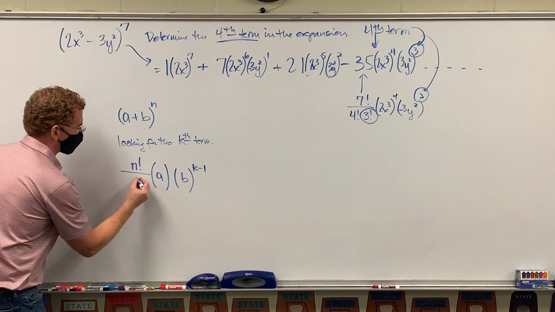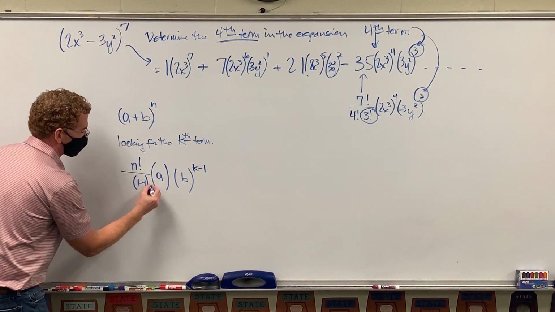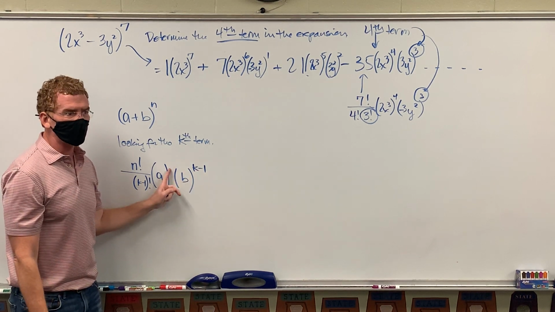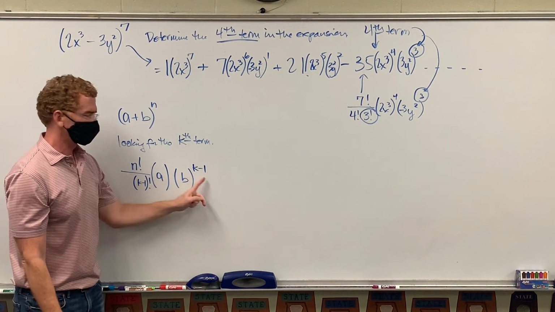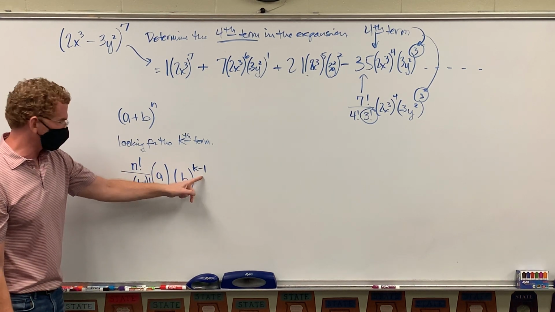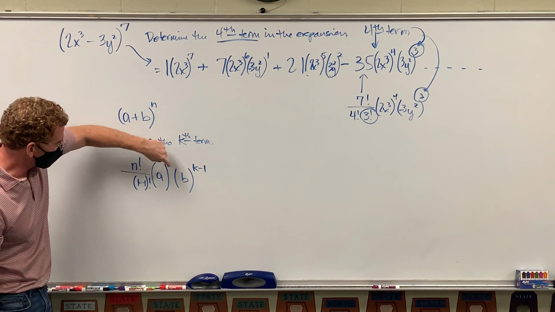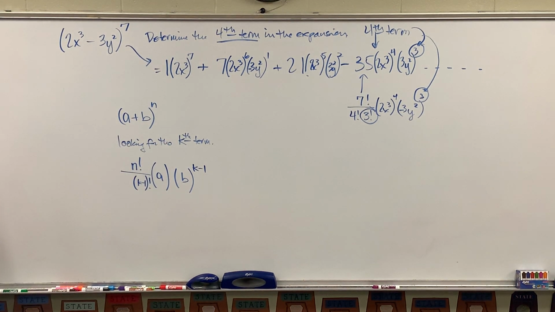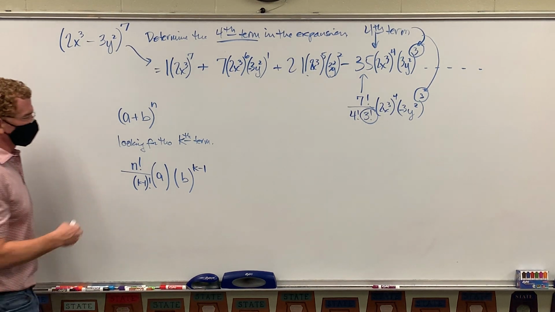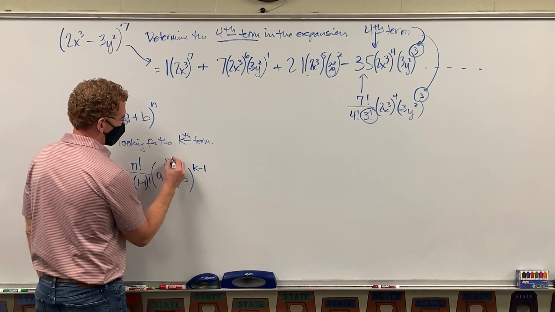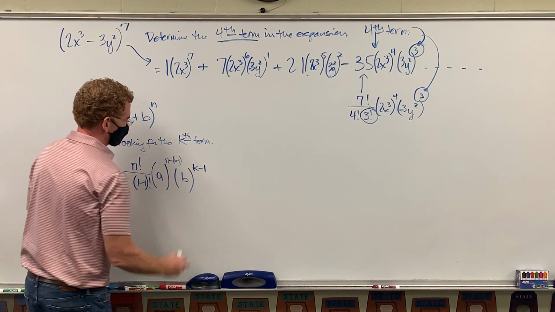So you're also going to have a k minus 1, whatever that is here. And then what have you noticed about all the powers? They always add up to n. So whatever adds to this to give me n, that's what's going to go right there. Now that expression, when you look at the formula, is a little ugly. They do it a little bit differently, but that would be technically n minus k minus 1.